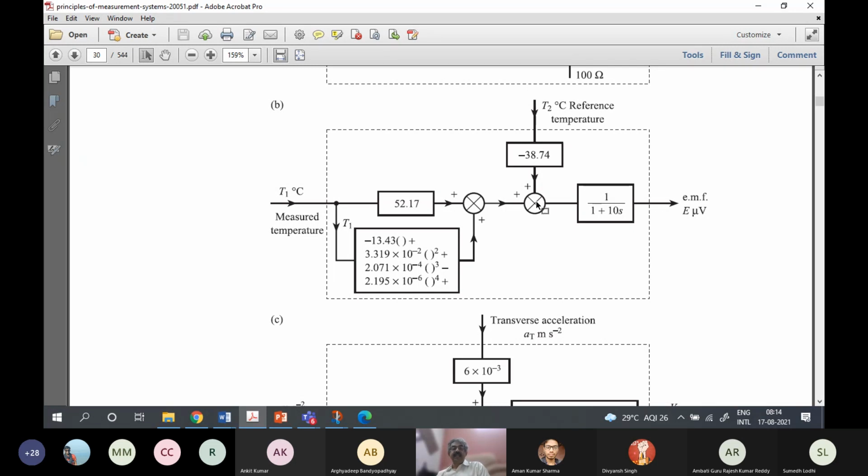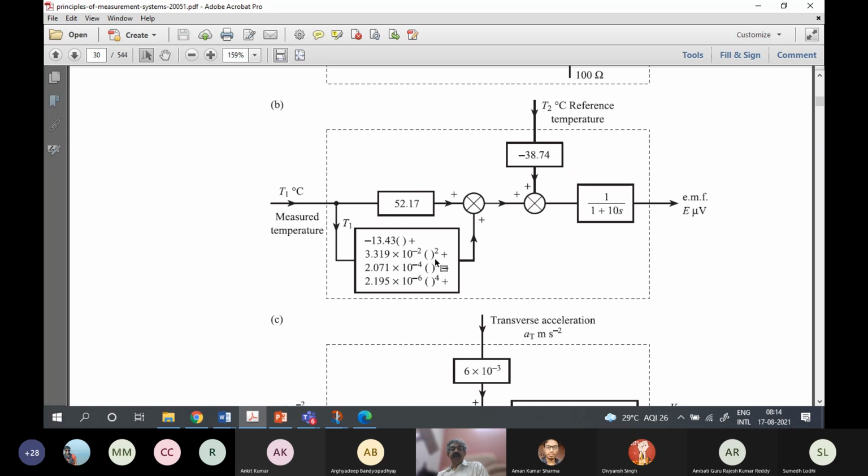On the other hand, the thermocouple has some nonlinearity. You see that if the temperature is small, these quantities are very small. So suppose the temperature is 1 degree centigrade, then this term is very small, so you may choose to neglect it.